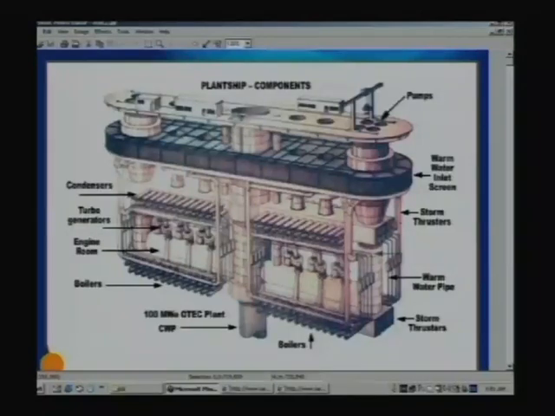In this particular case they are not the usual kind of turbines, and then the generator is housed there, and the boiler is here, and finally it goes up here, and here is the condenser. So, that was the schematic diagram of the 100 megawatt plant that was designed to work.